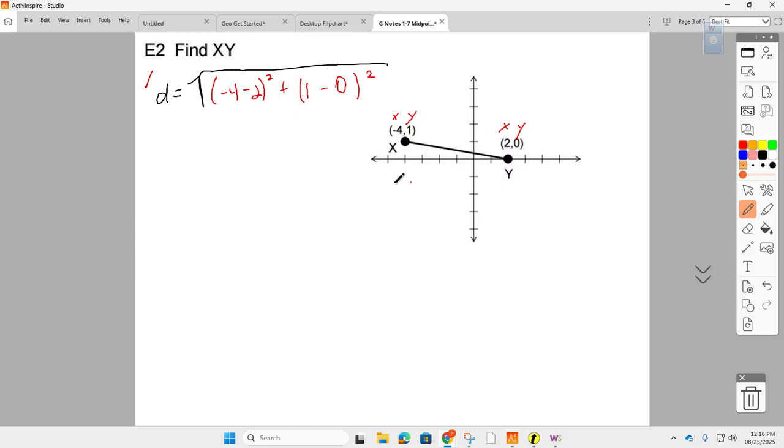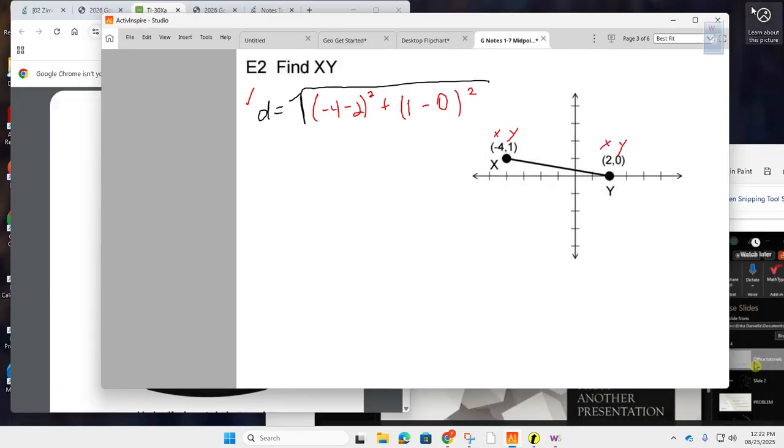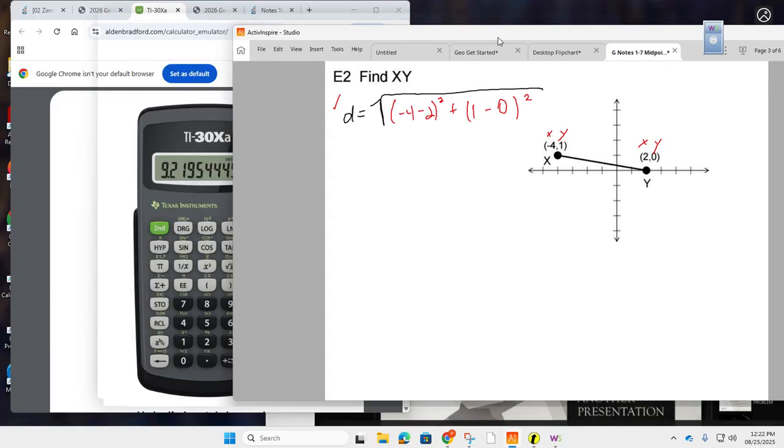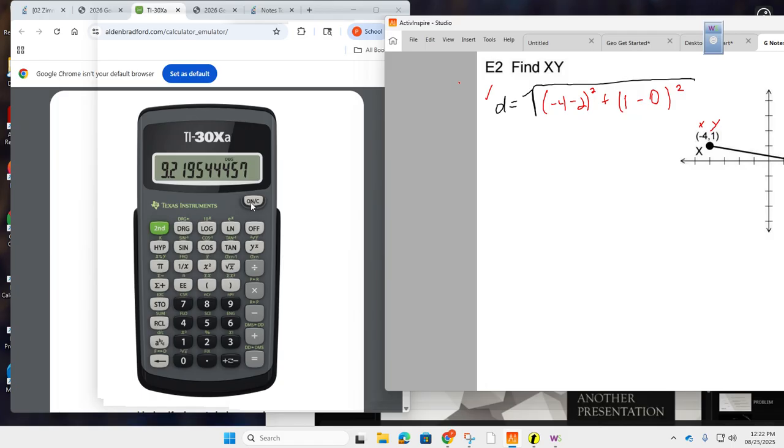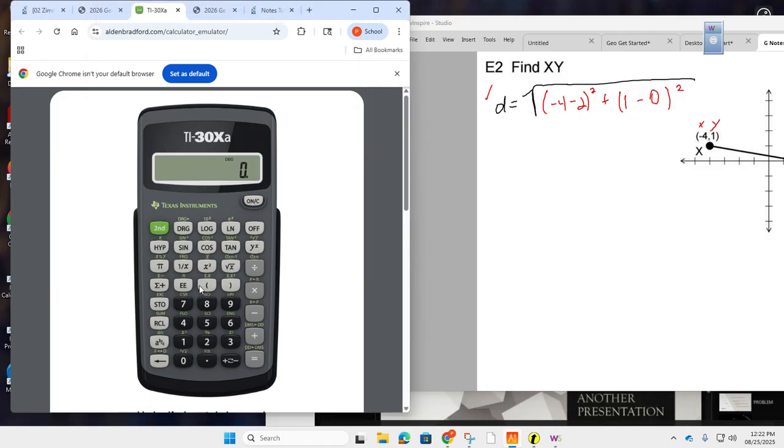Now we're going to clear your calculator out 3 times, and we'll enter in our calculator. So we're going to do everything under the square root first, and then the square root last. So make sure you clear your calculator 3 times. Use your parentheses button. 4 negative minus 2. Close out parentheses.